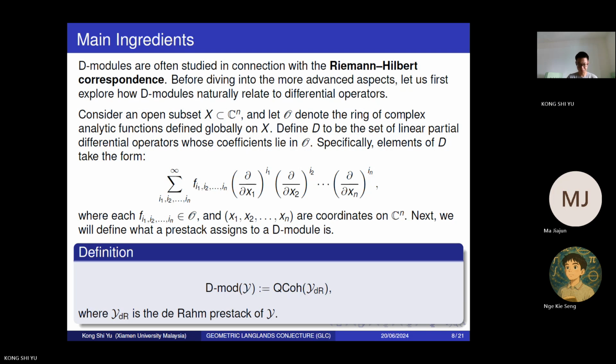So let's see, if Y is just a scheme, an affine scheme, say Y is A1, what is D-mod A1?